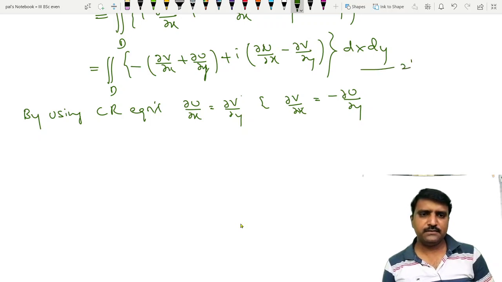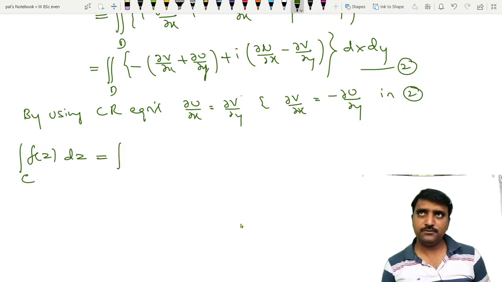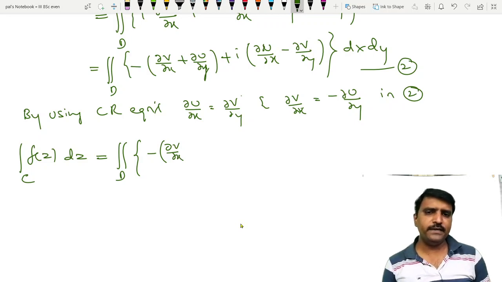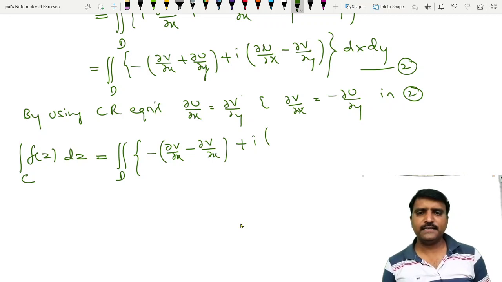So using these equations in equation 2, the integration of f of z dz over C is equal to the double integration over D of minus of del v by del x, and del u by del y can be written as minus del v by del x, plus i into (del u by del x, which can be written as del v by del y, minus del v by del y), into dx dy.